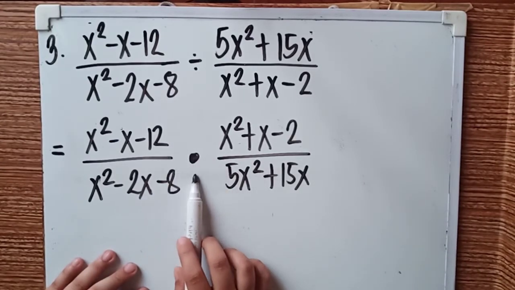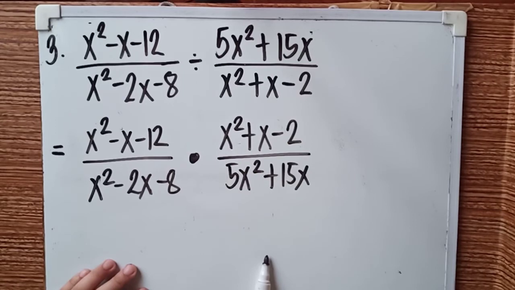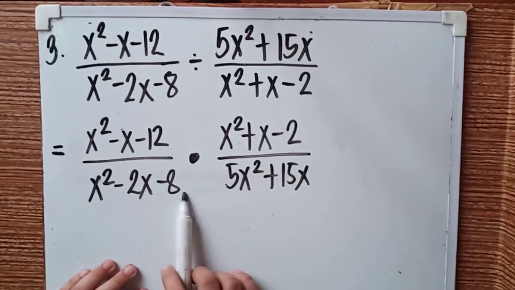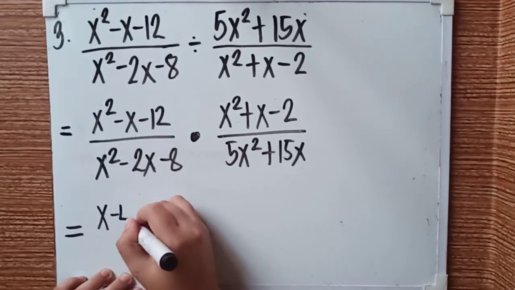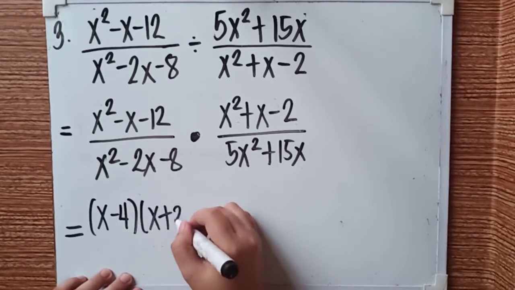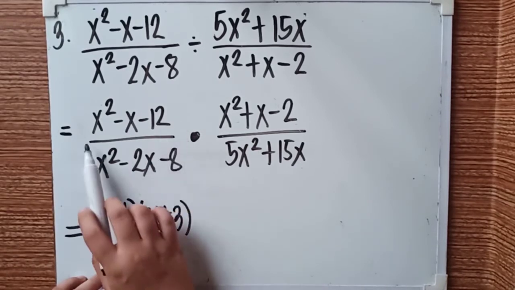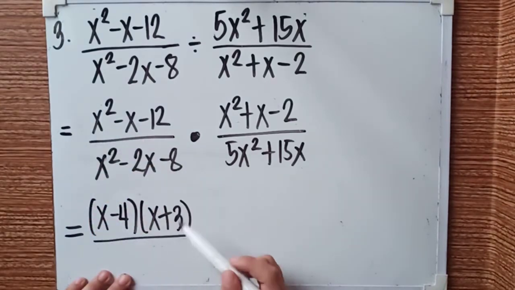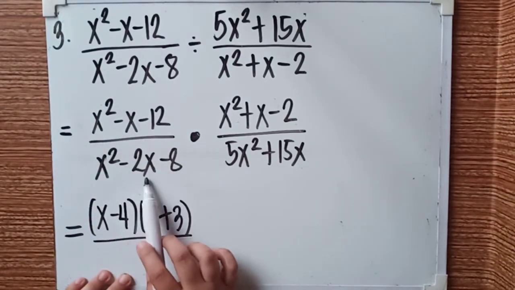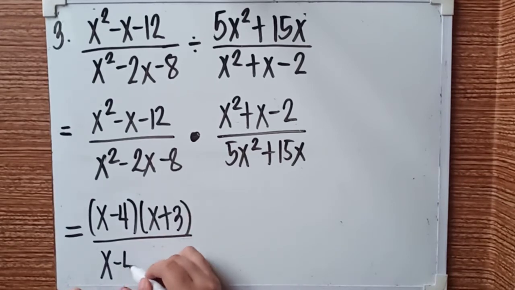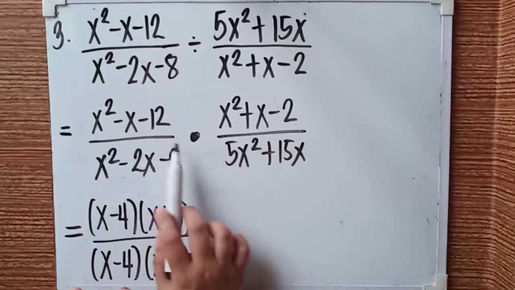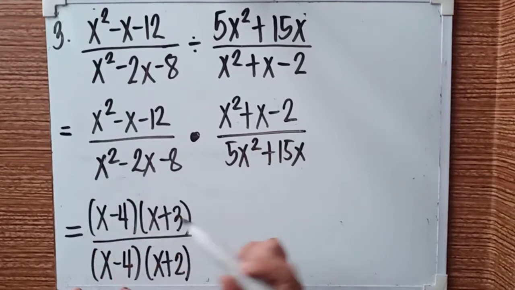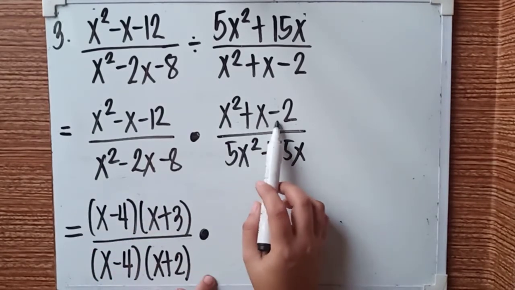We can do the process of multiplying rational algebraic expressions in where the first step is factor each numerators and denominators. The factored form of x squared minus x minus 12 is x minus 4 and x plus 3 by factoring general trinomial where a equals 1, over the factored form of x squared minus 2x minus 8, which is x minus 4 and x plus 2 by factoring general trinomial where a equals 1, times x squared plus x minus 2.